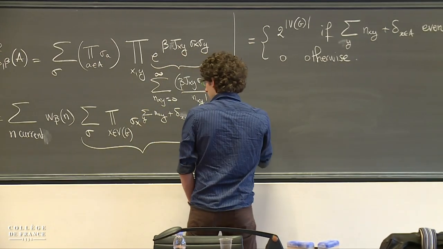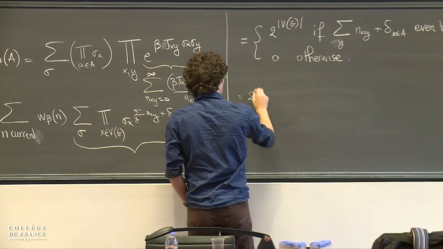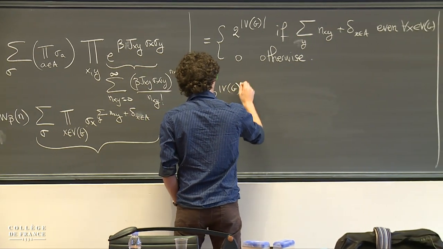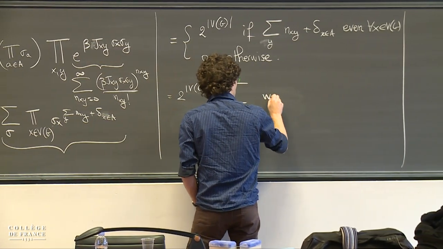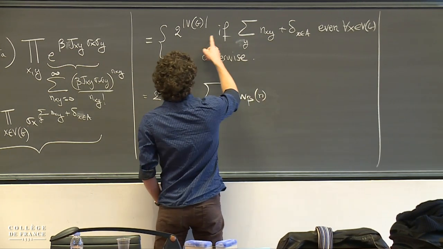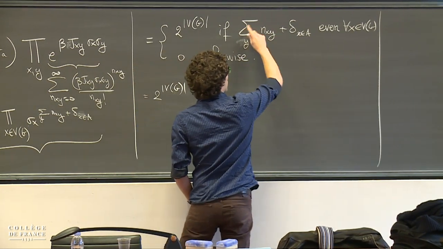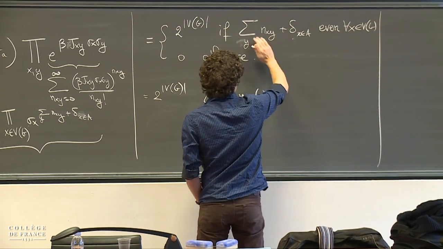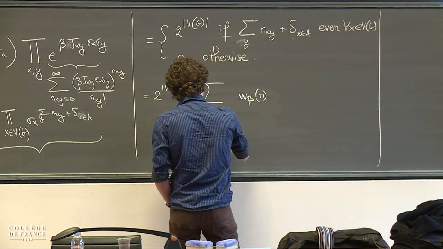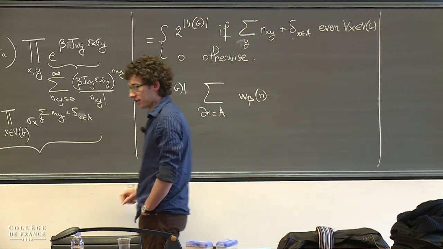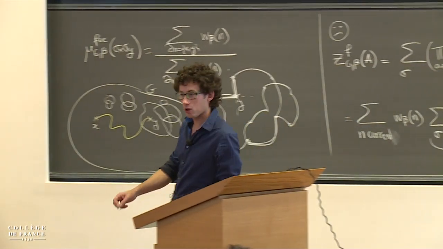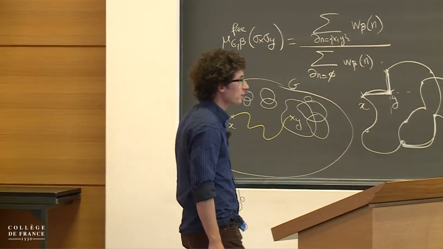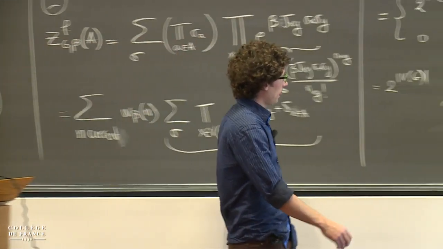So in other words, you get 2 to the number of vertices, sum of w beta n, and this is only if this thing is even for x not in A, and this thing is odd for x in A. So you exactly get that it's the currents with sources A. Okay?